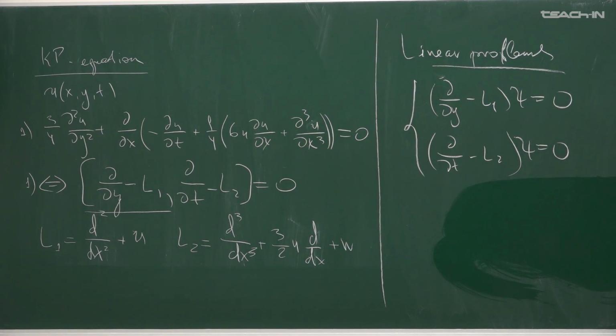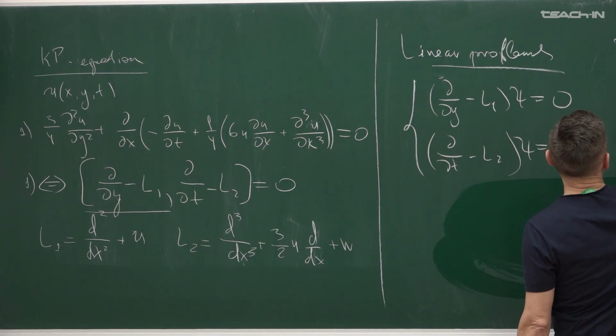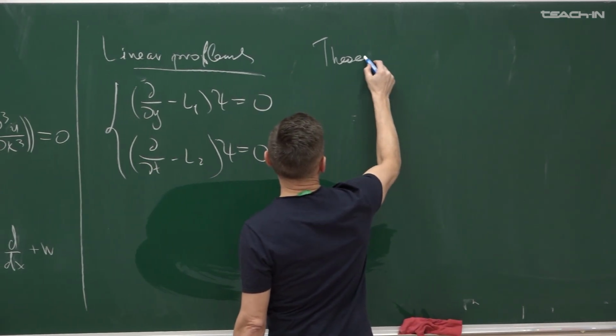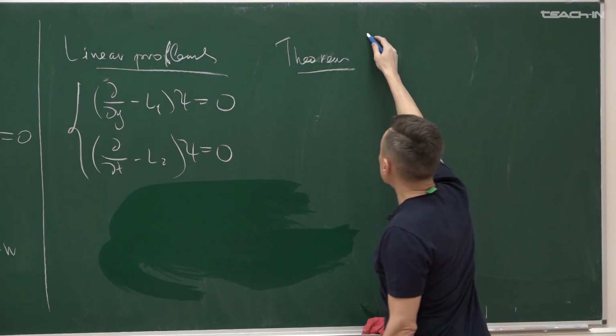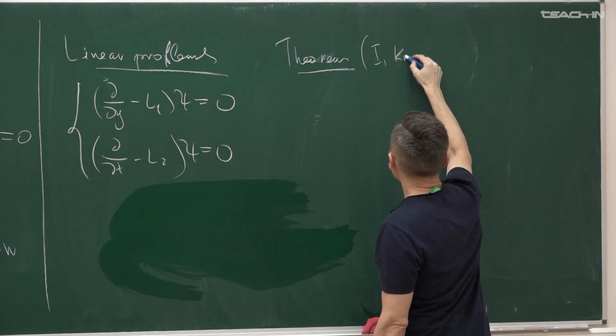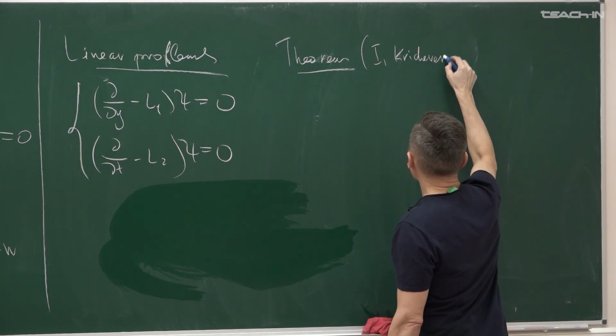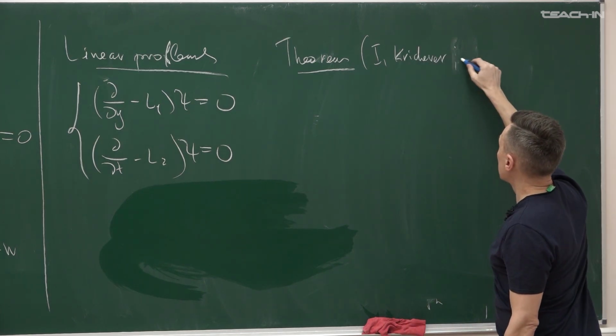And okay, I will formulate a theorem, and we will prove some part of this strong theorem. It is the theorem of my scientific advisor, Igor Krichever. It's about the 80s, I think.